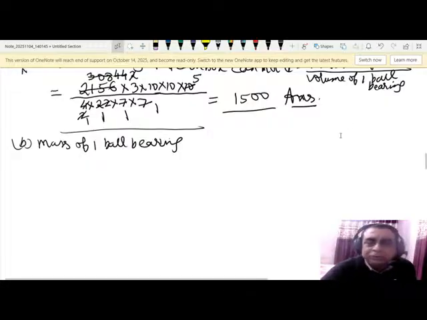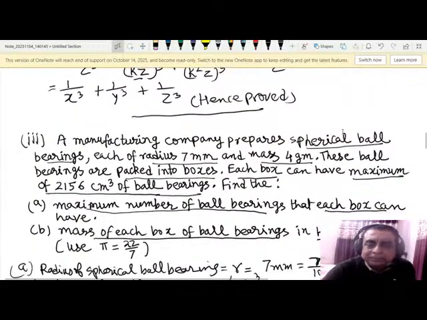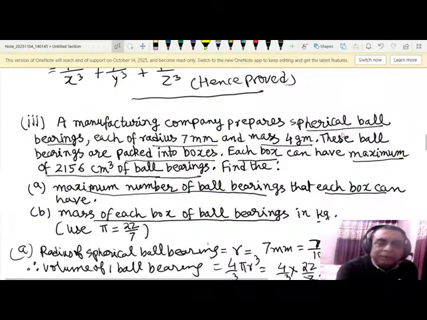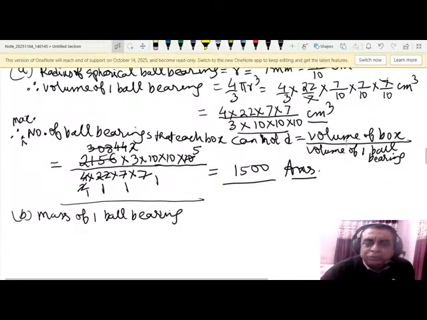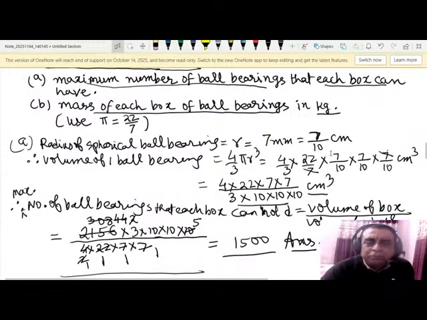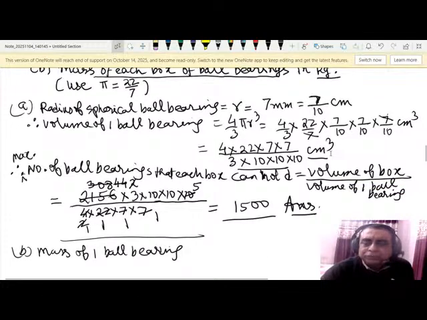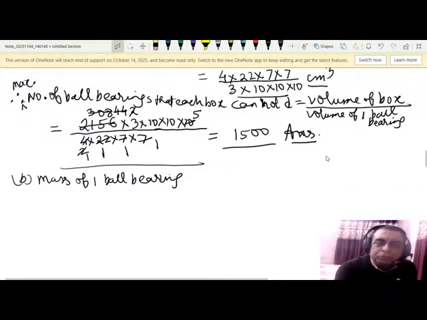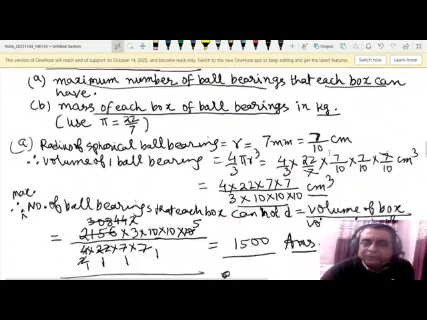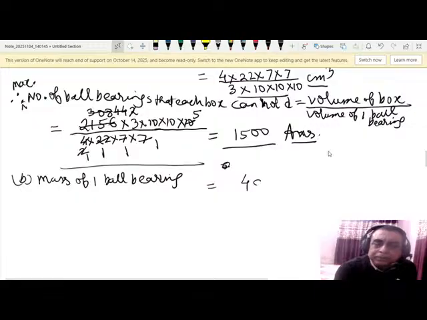In the question we are told that a manufacturing company prepares a spherical ball, and the mass of each ball is 4 gram. So what will be the mass of ball bearings? It is given to us. It is 4 gram.